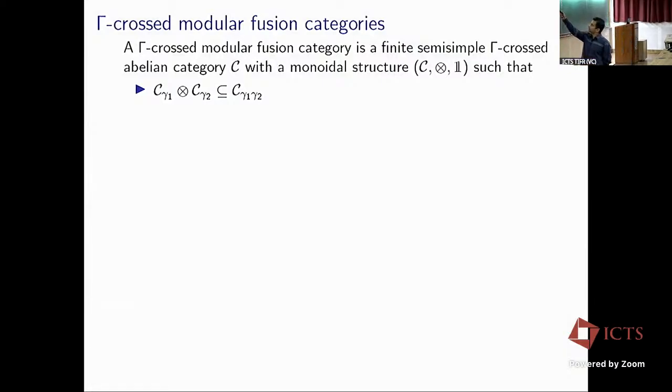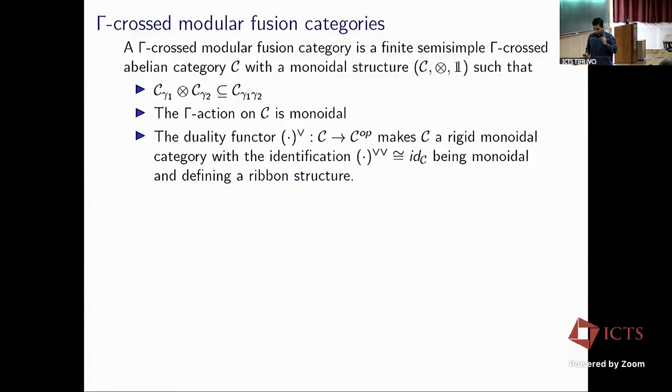For example, the grading should be compatible with this tensor product or the monoidal structure. Secondly, we have a gamma action on C, that's part of it, but now we demand that this should be a monoidal action. And remember, we also have this duality functor.